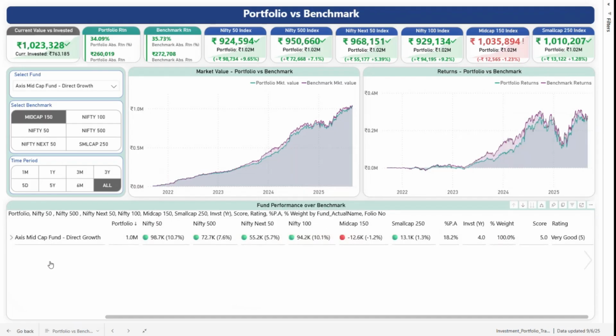Now you get this point saying that okay, the fund is not able to beat Midcap 150. Should I exit or hold it? That all depends on your decisions. Basically, if I would suggest anything, this is my understanding: I am not much worried about this 1% degradation.